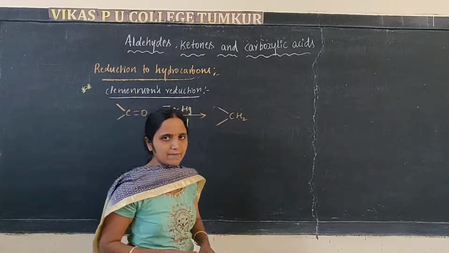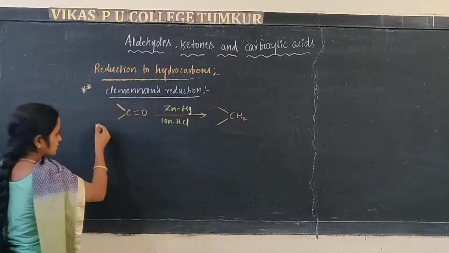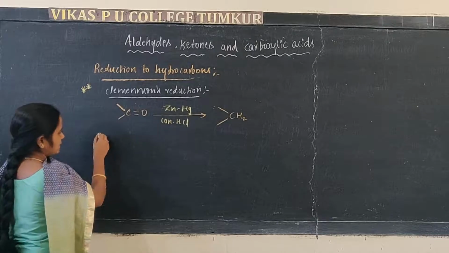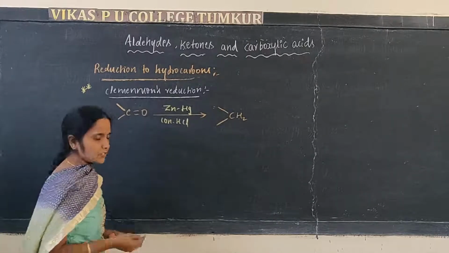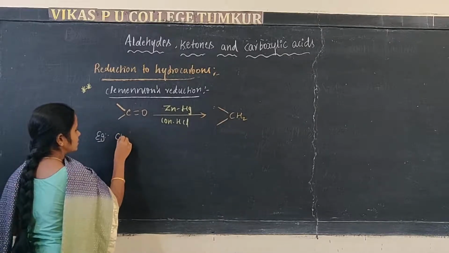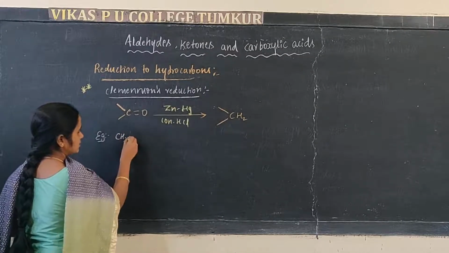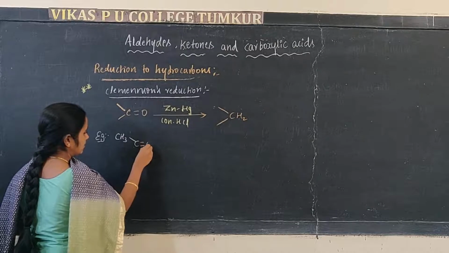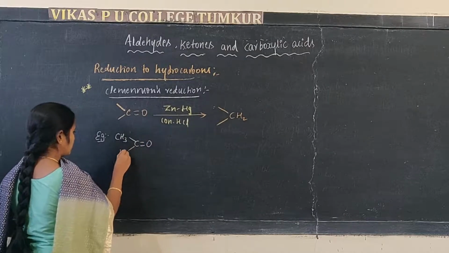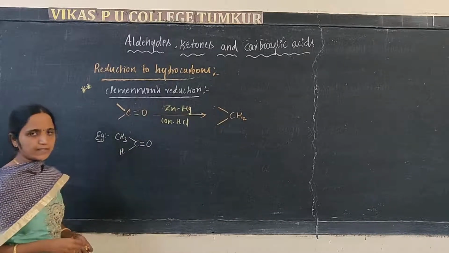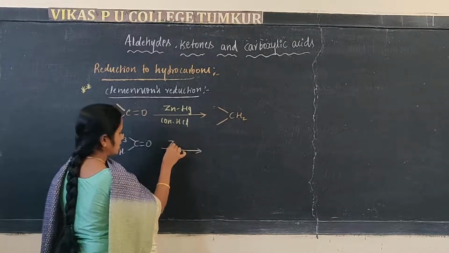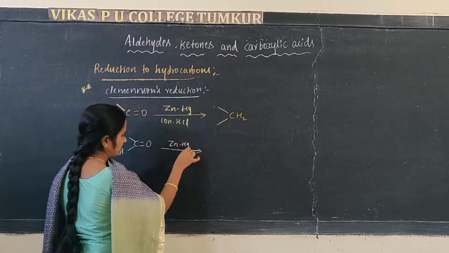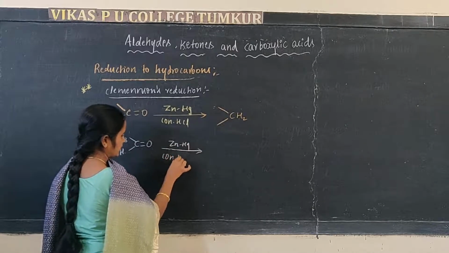We will take examples for aldehydes and ketones. Suppose we take acetaldehyde, which can be written as CH3CHO. This is treated with zinc amalgam in the presence of concentrated HCl.